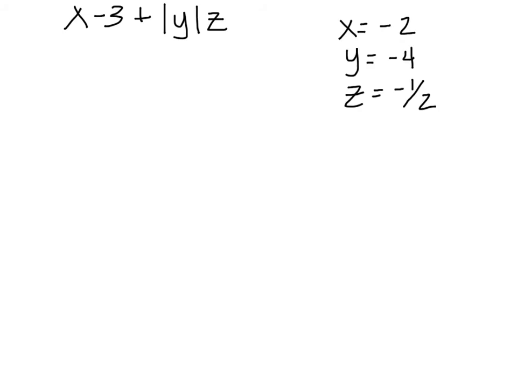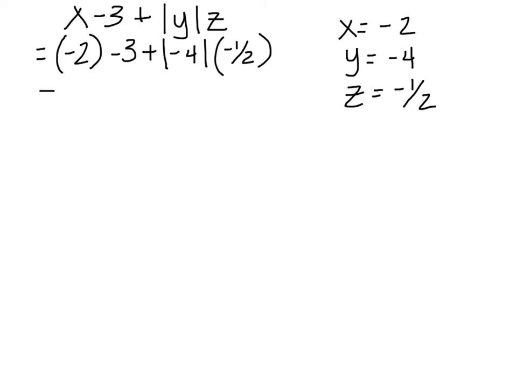And the x is equal to a negative 2, the y was equal to a negative 4, and the z was equal to a negative 1/2. So in order to solve this problem, I have to plop my values in, and I always use parentheses so that I don't lose any symbols. And I'm just plugging in my values at this point, and I'm going to do the math in the next step.